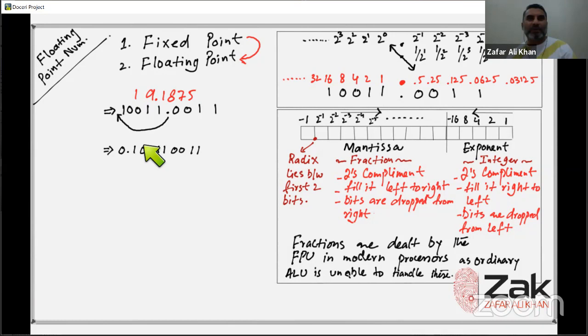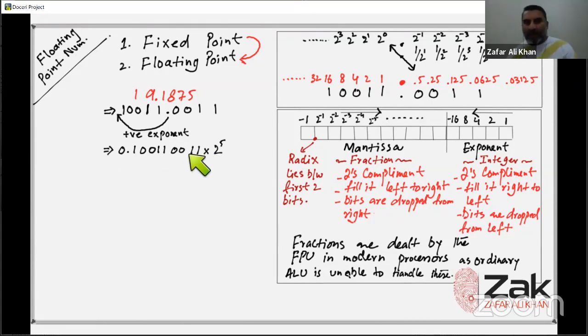So in order to get this original number back, we have to move the point 1, 2, 3, 4, 5 times towards the right. So we have to have an exponent which is positive 5. All right, so this is our exponent.